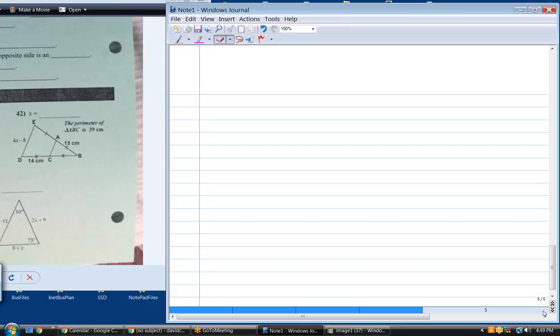Is it parallel to ED? Correct. Only because AC bisects both of these sides. It bisects EB into two equal pieces, and it bisects DB into two equal pieces. And the only way it can do that is if it's parallel to ED.